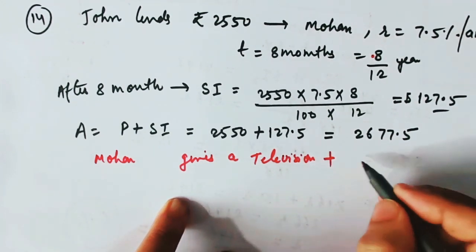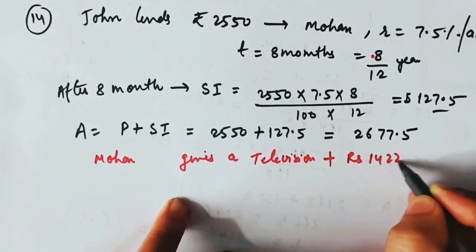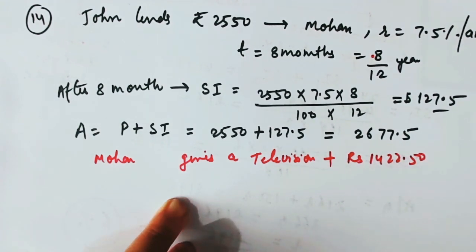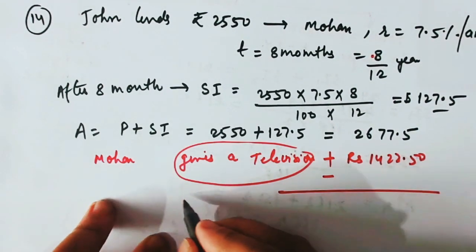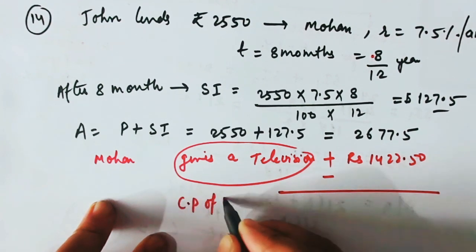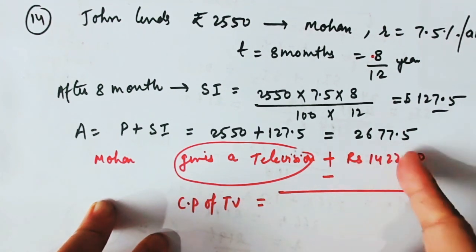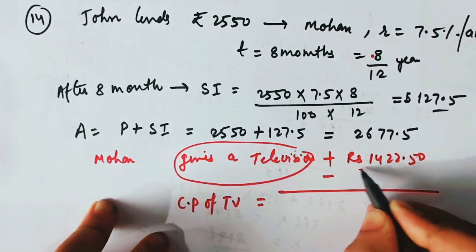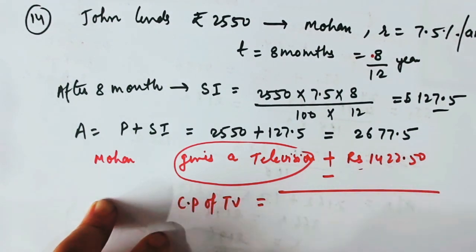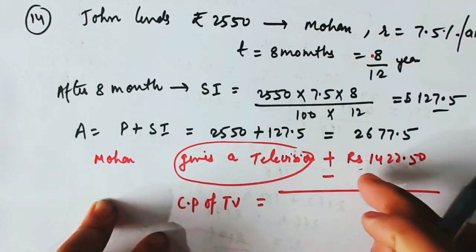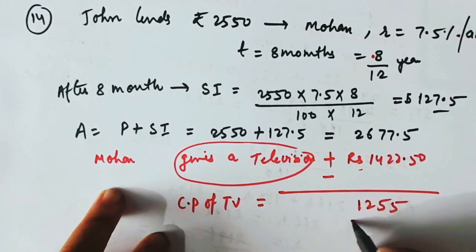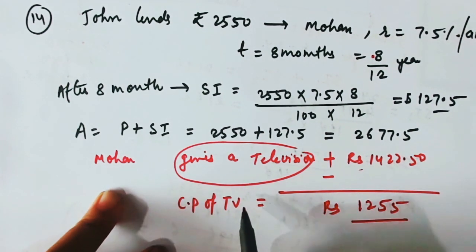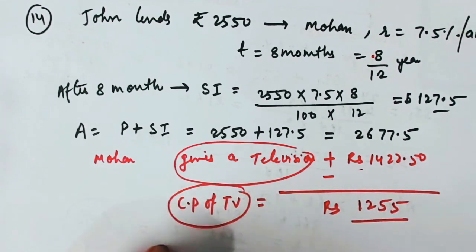So what is the cost of the television? The cost price of the television is equal to 2677.5 minus 1422.5. What will you get? You will get a value of 1255 rupees. This means he had considered the cost price of the television as 1255.